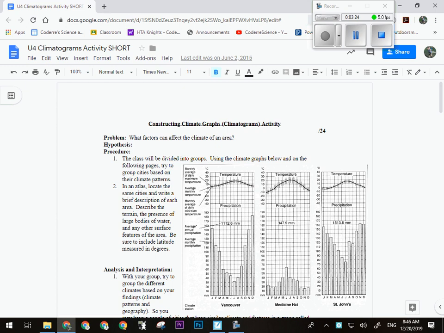That's something you can say with a reasonable amount of certainty. You're going to want to predict a few other patterns you might also see in your data, because we know that proximity to an ocean affects climate.